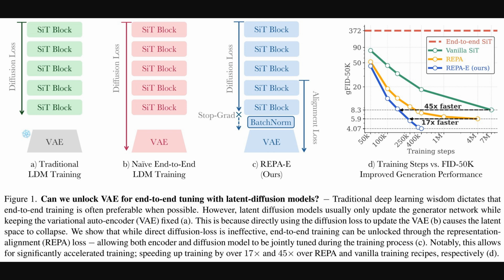You can see the alignment loss is used to update the VAE, while the diffusion loss, with a stop gradient, updates the SIT blocks. The graph on the right hammers home the result. REPA-E, shown in blue, reaches a much lower FID score way faster than the other methods, showing that huge speed up, like 17 to 45 times faster.